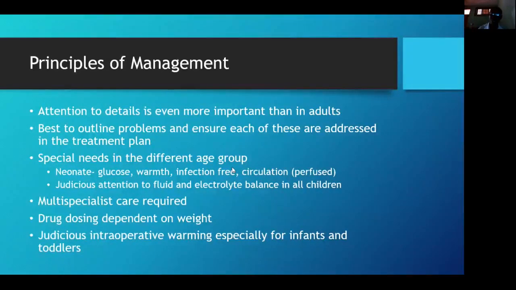We need to keep them in an environment that is like a bubble that prevents them from getting infected. In addition, there is care that we need to take, such as hand washing between units so that we don't transfer infection from one unit to the other.